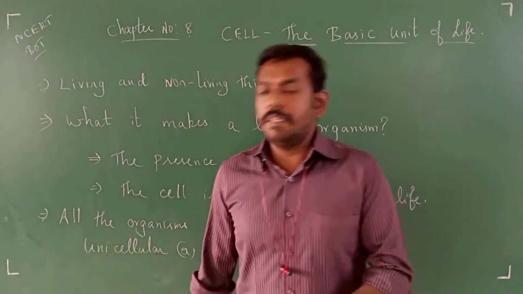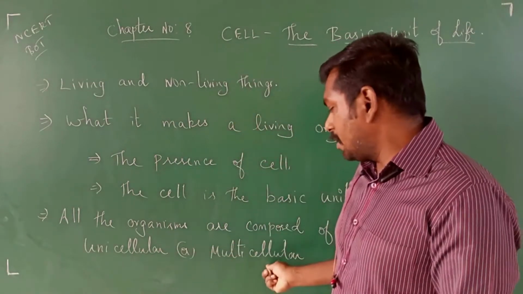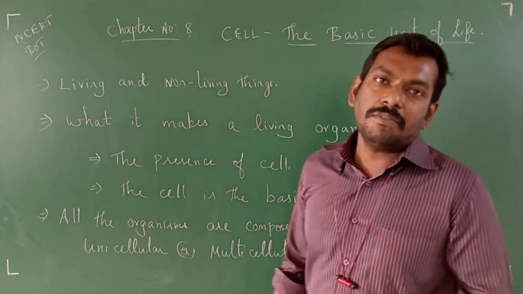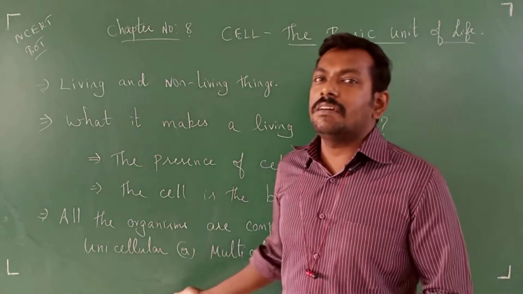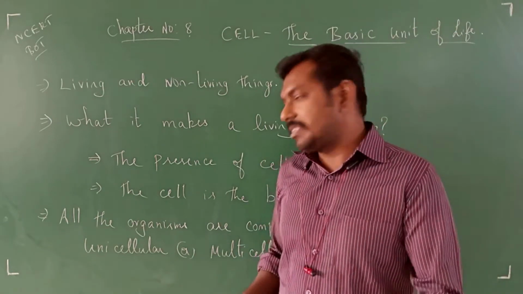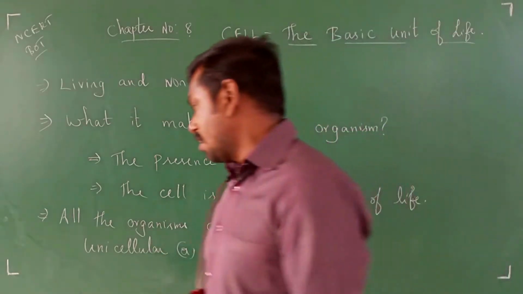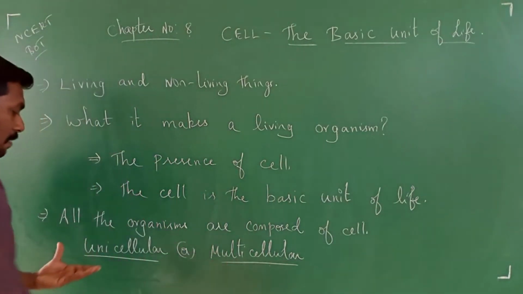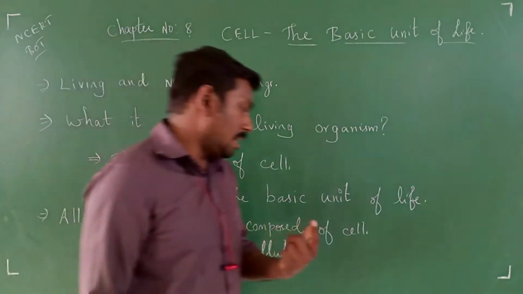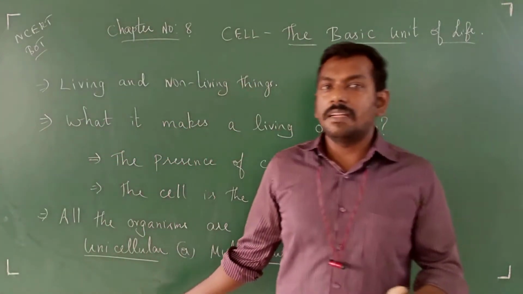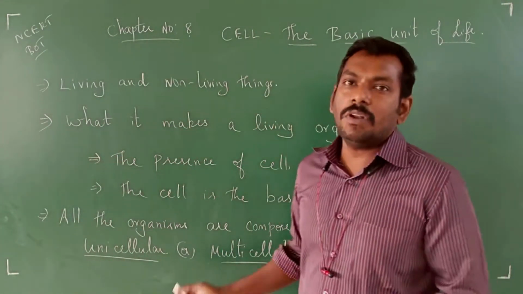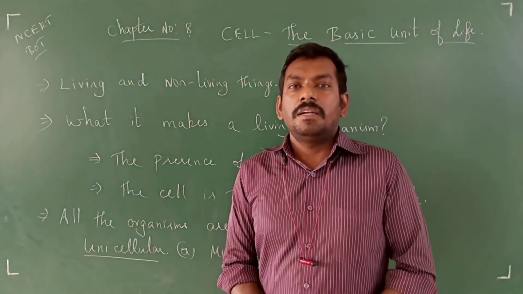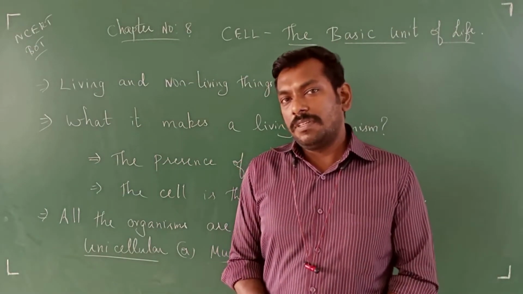The main difference between a unicellular and a multicellular organism is the presence of different types of cells in multicellular organisms, and a single cell in a unicellular organism. Unicellular organisms are made up of a single cell, and multicellular organisms have more than one cell, right?